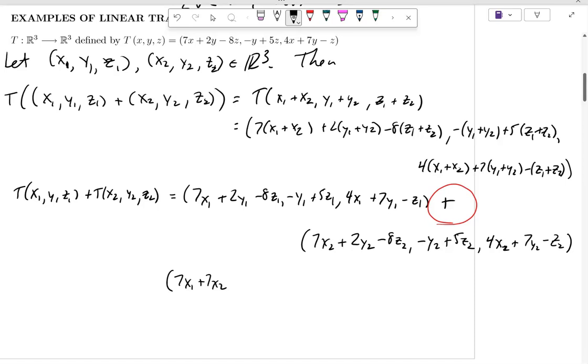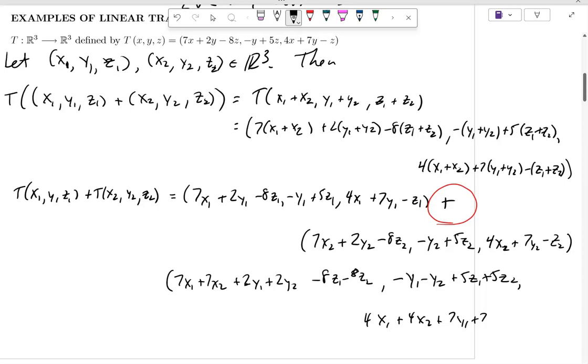And then I can put the y's together. And I can put the z's together. Do the same thing in the second component. Put the y's together, put the z's together. And then the same exact thing in the last one.